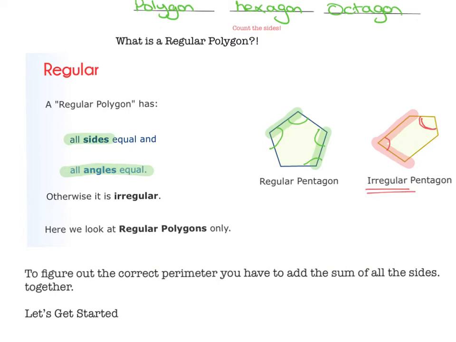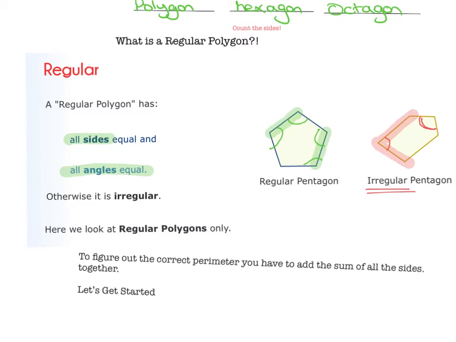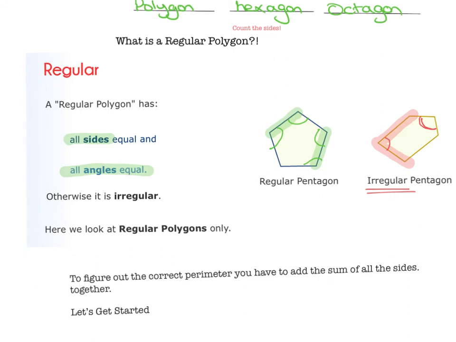So just remember, a regular polygon has all equal sides and all equal angles, otherwise it's irregular. To figure out the correct perimeter, you have to add the sum of all the sides. So let's get started.